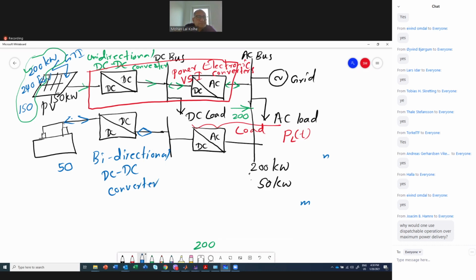Here is again the voltage source inverter. So this is the basic topology that we are going to study. Not tomorrow. Even tomorrow we won't be able to completely discuss the control strategies related with the maximum power delivery situation.